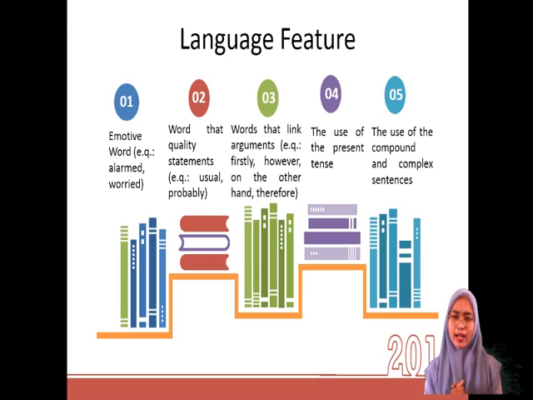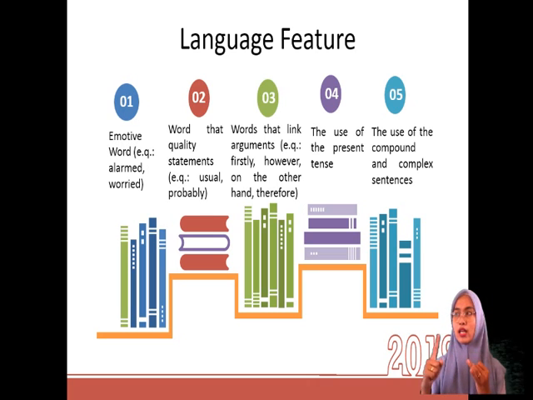Now I have explained the definition, social function, generic structure, and language features. And now I can show you an example of the text in analytical exposition. Are you ready? Good, ready.